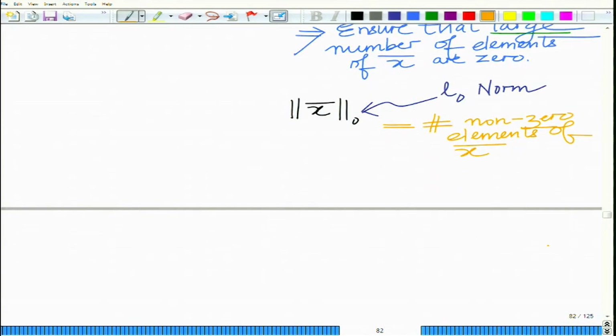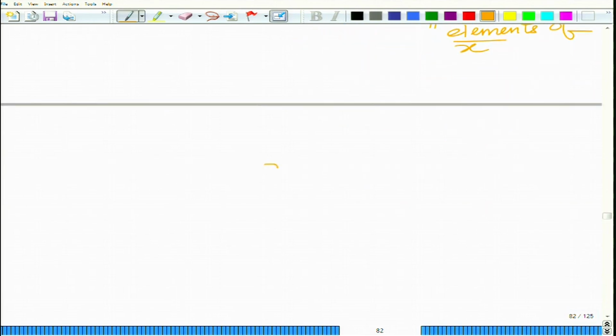For instance, let us say you have the vector x bar equals 0 0 2 0 minus 1 0 0 0.